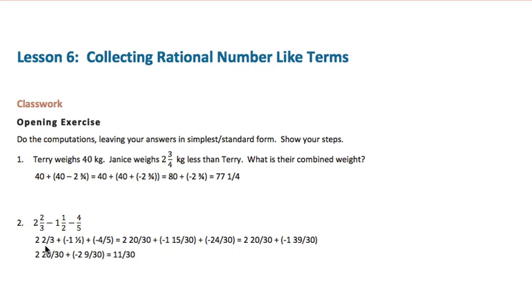So in looking at the solution, I change the subtraction to addition. 2 2/3 plus negative 1 1/2 plus negative 4/5, and then made equivalent fractions for each one. 2 20/30 plus negative 1 15/30 plus negative 24/30. Then I decided to combine the two negative terms first.